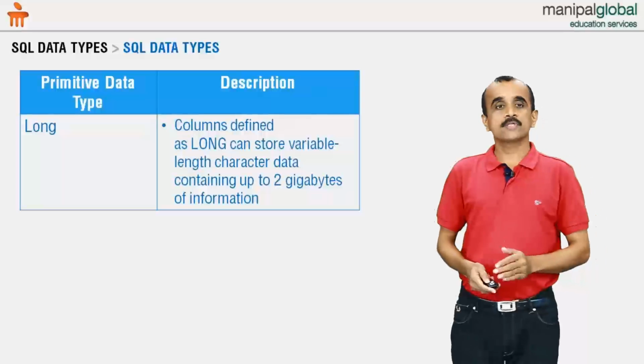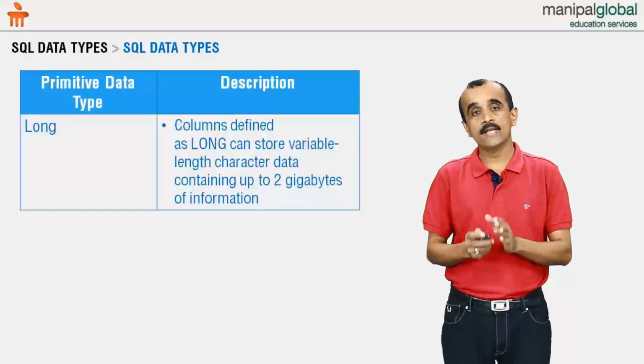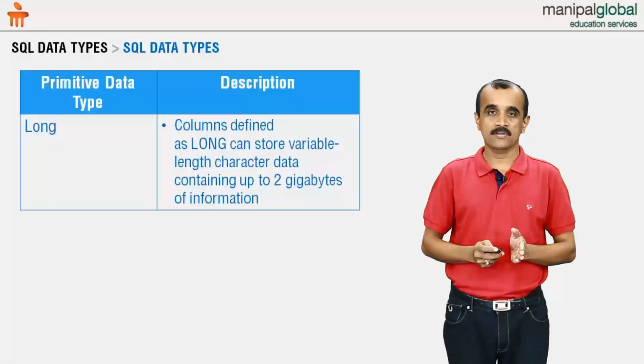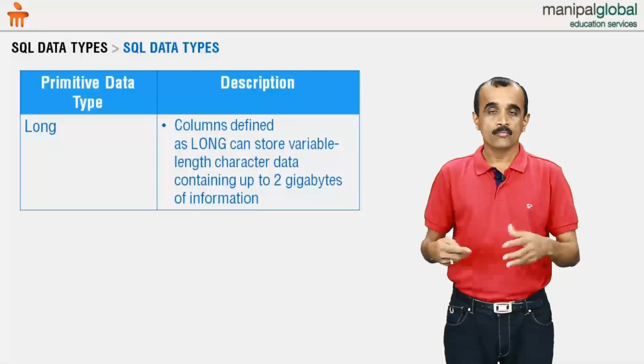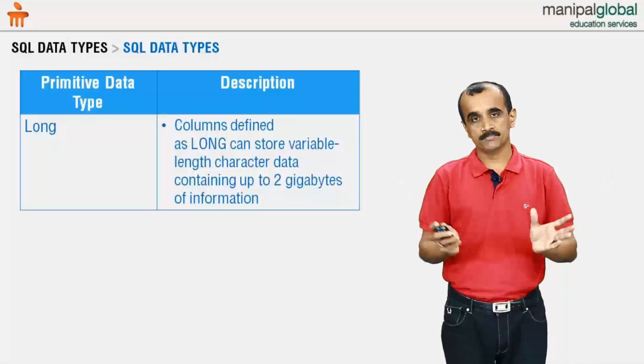One more, we have what is called a long column. Columns defined as long can store variable length character data containing up to 2 gigabytes of information. Where do I typically use it? Probably if I want to store some description.